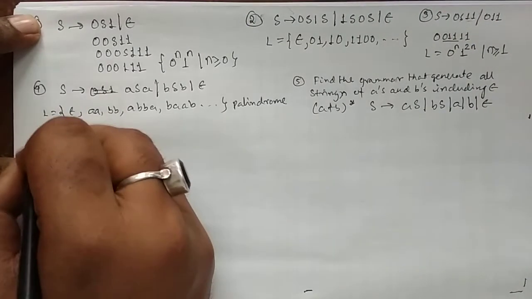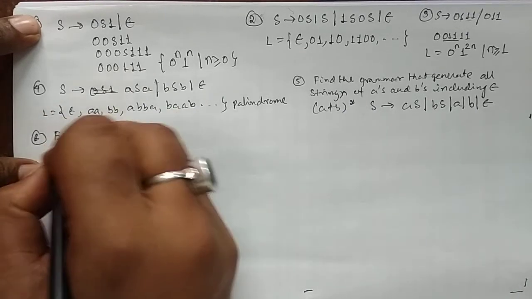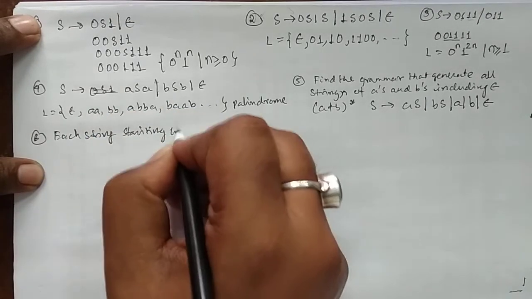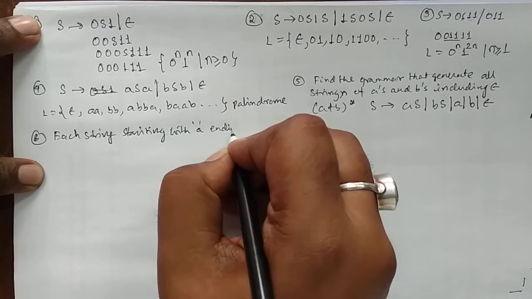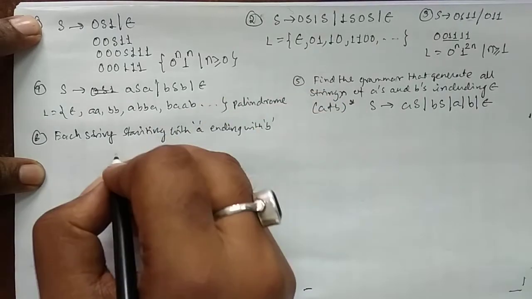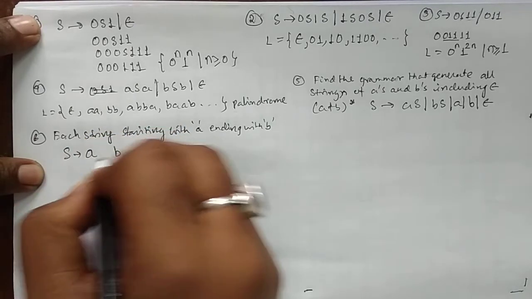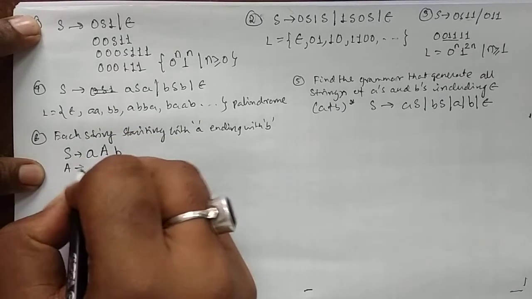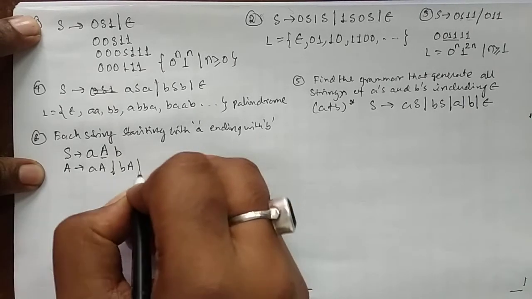Another problem is given this way: find the grammar for each string starting with A and ending with B. So starting with A, ending with B, and in between any string combination of A and B. Let us consider this middle part as X. X may be either this or this or epsilon.